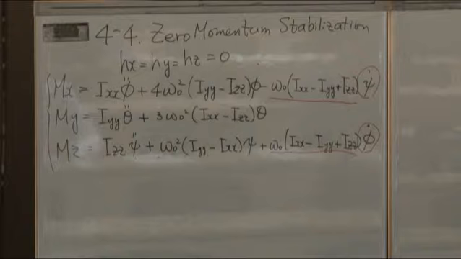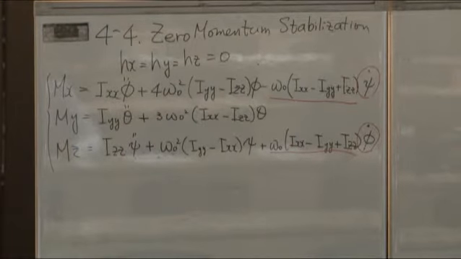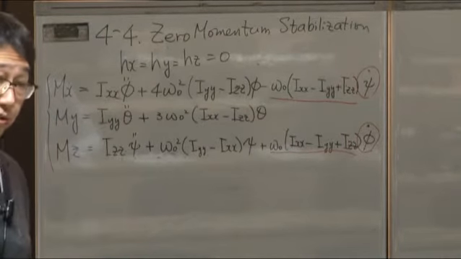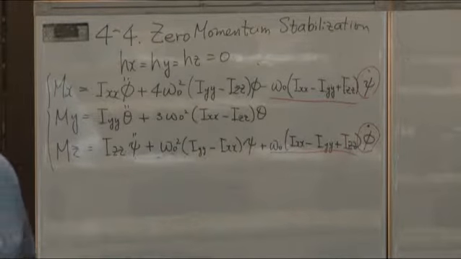And the y-axis is, of course, independent from the other two axes. So only the theta appears in the second term. And in this zero momentum stabilization system, what is the control force generator?